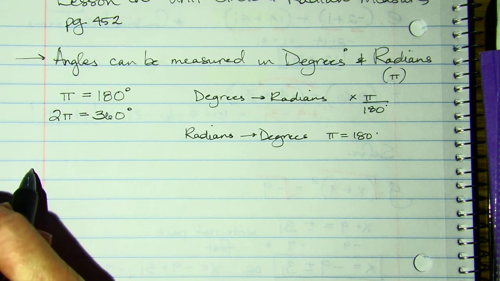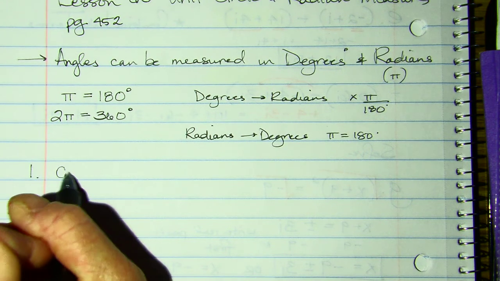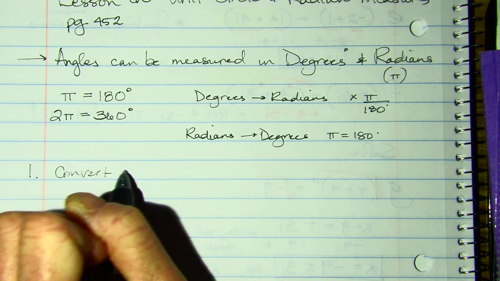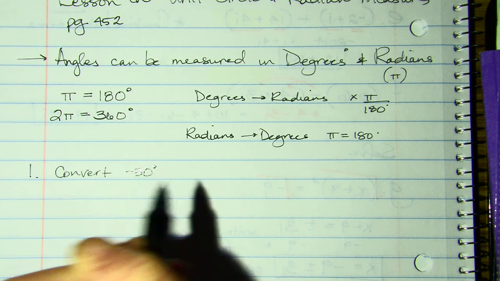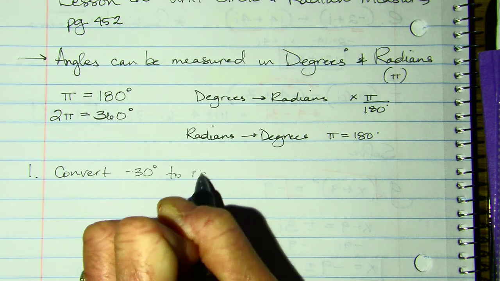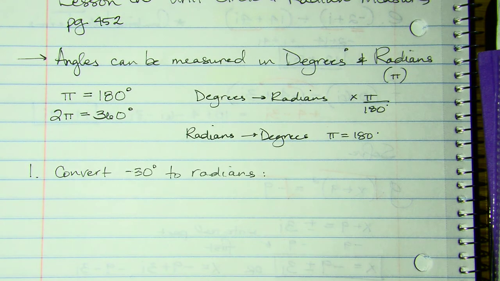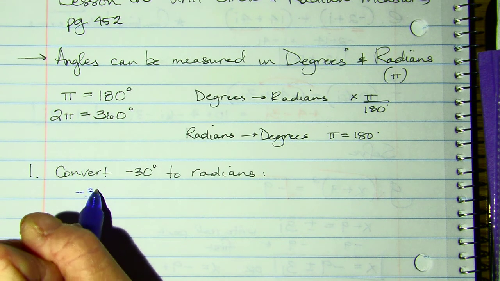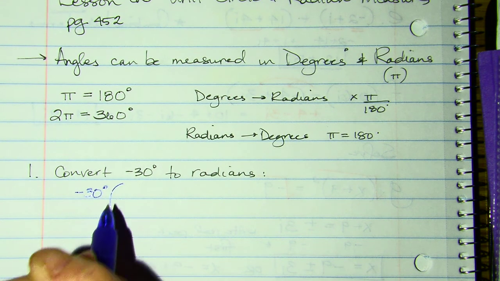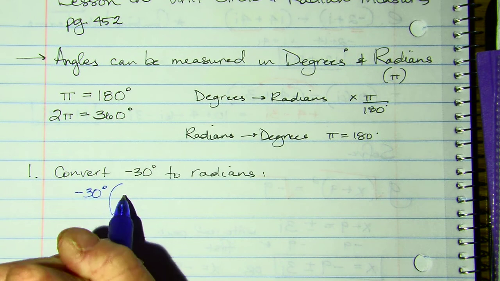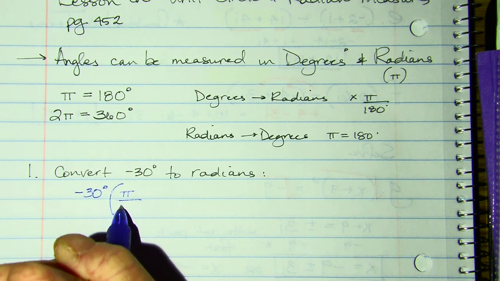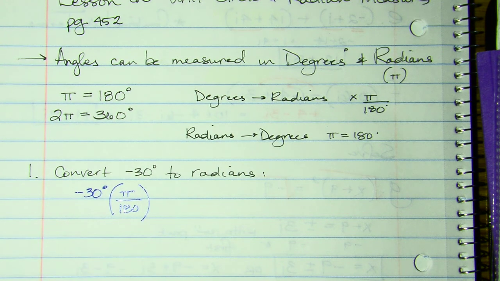Example number 1, convert negative 30 degrees to radians. In order to convert degrees to radians, I take the degrees they've given me and multiply by pi over 180.